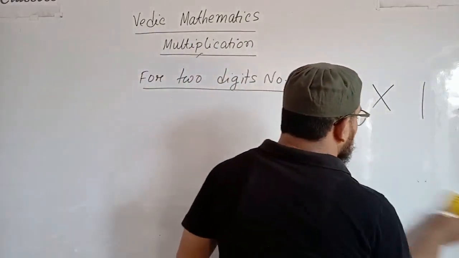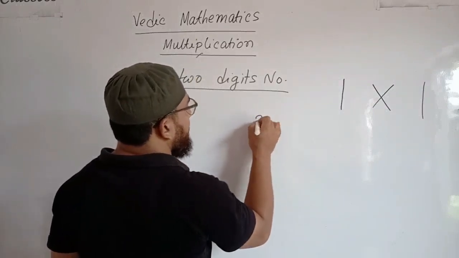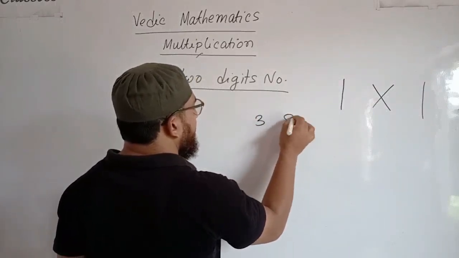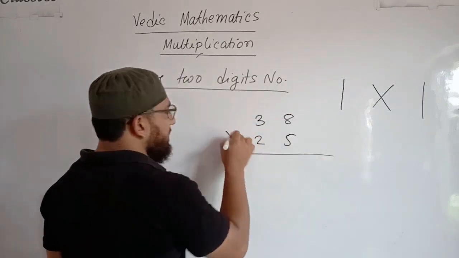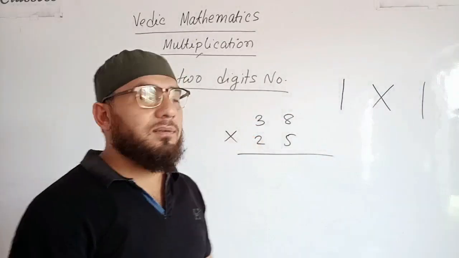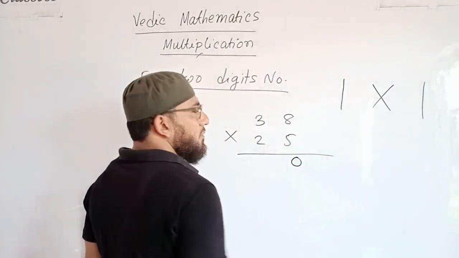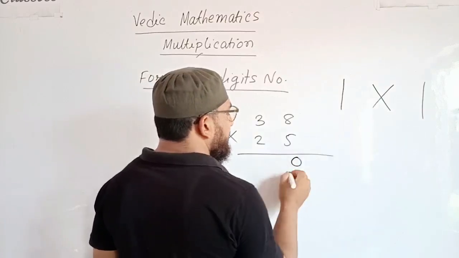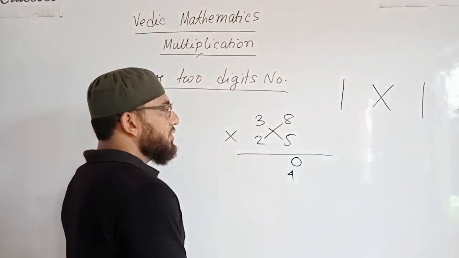So take one more, last example. So you have 38, you have 25, want to multiply in one line. First 8 5s are 40, so 0 carry 4, 3 5s are 15, plus 16.